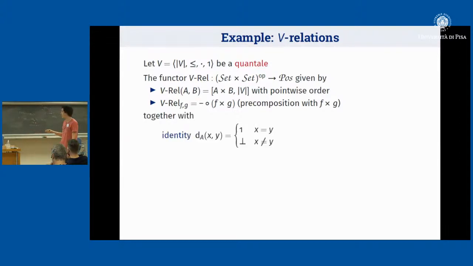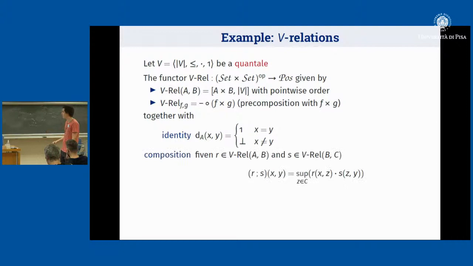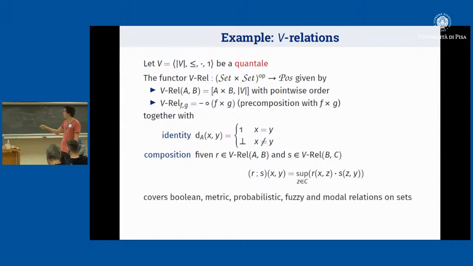So here the identity relation is the function which maps to the unit of the quantale if the two elements are equal, and to the bottom element if the two elements are different. And the relational composition is given by taking this sup, this join, basically, of the monoidal product of the two relations. So these examples cover many usual examples in relational reasoning.